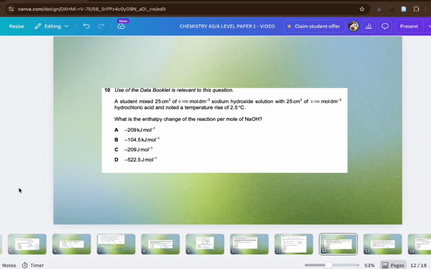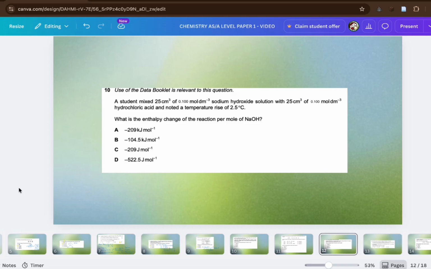Next question. A student mixed 25 cubic centimeters of 0.100 mole per cubic decimeter sodium hydroxide solution with 25 cubic centimeters of 0.100 mole per cubic decimeter hydrochloric acid and noted a temperature rise of 2.5 degrees Celsius.